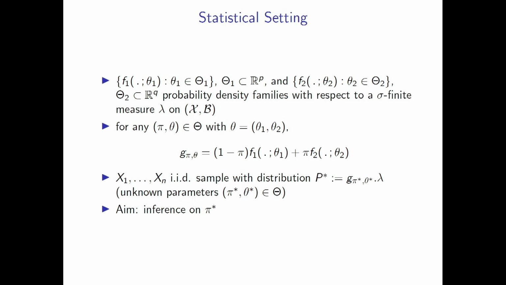We have a sample which is IID from a distribution P star, and we want to make inference on π star. So this is very standard, but this is not easy. There are several difficulties with these models, and we'll see which.